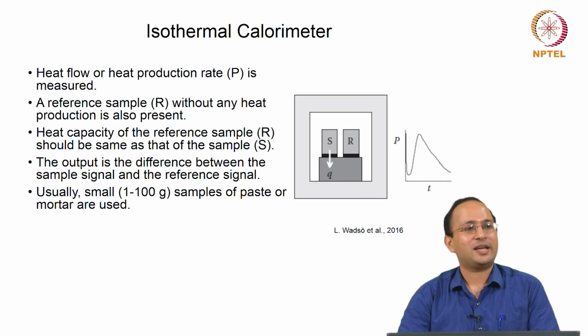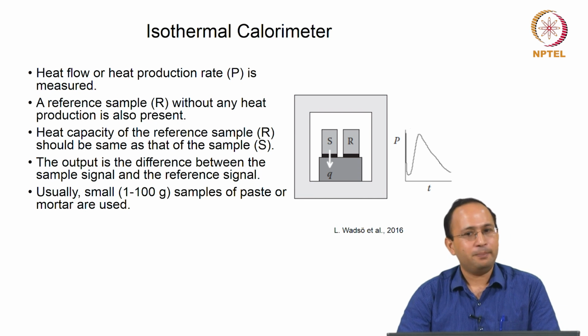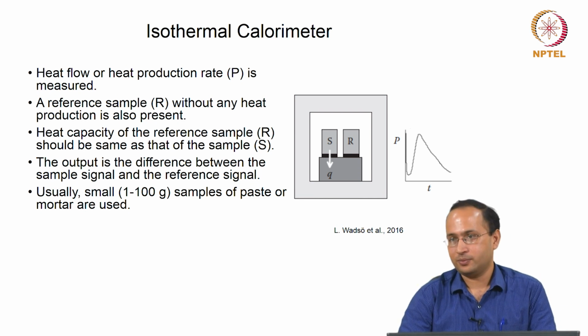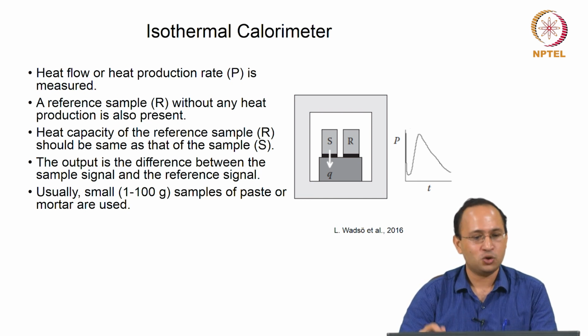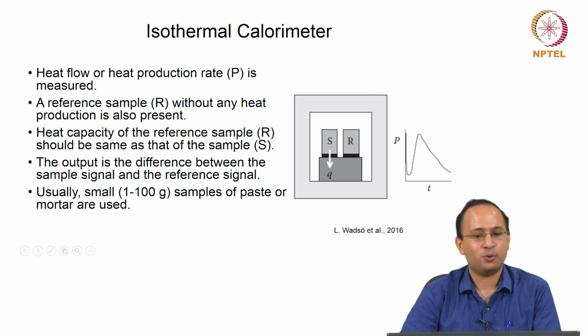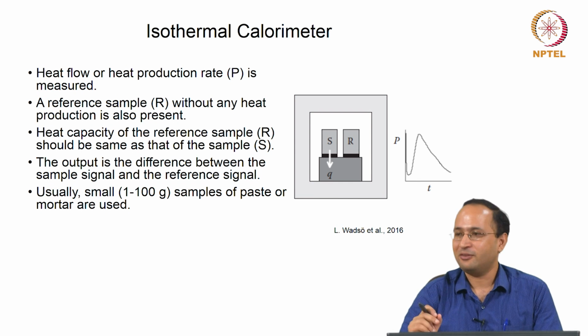Coming back to isothermal calorimeter. Okay. So we want to maintain the temperature and then measure the heat, right. So heat flow or heat production rate is measured, clear. How do you do it? You have a reference sample also.